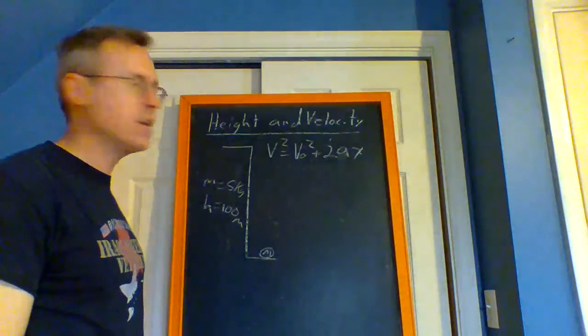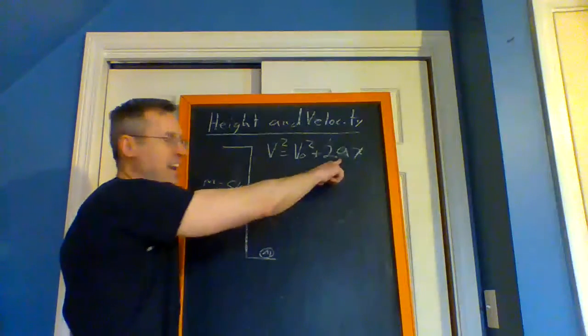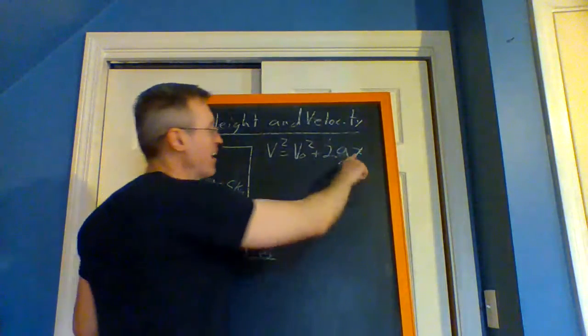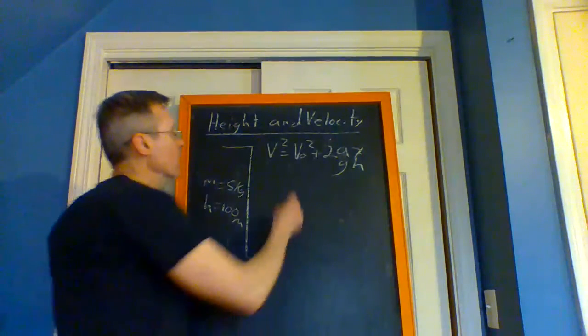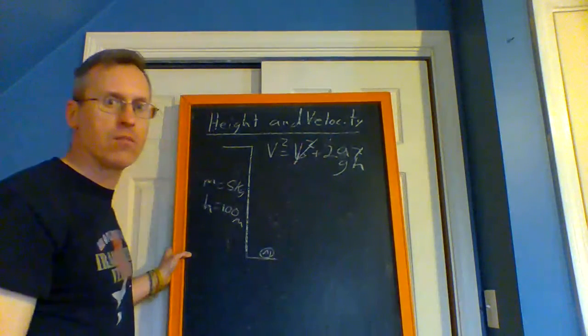When you apply it to this problem, a would be g, 9.8, x would be the height above the ground, and v naught, if you're just starting off, would be 0.